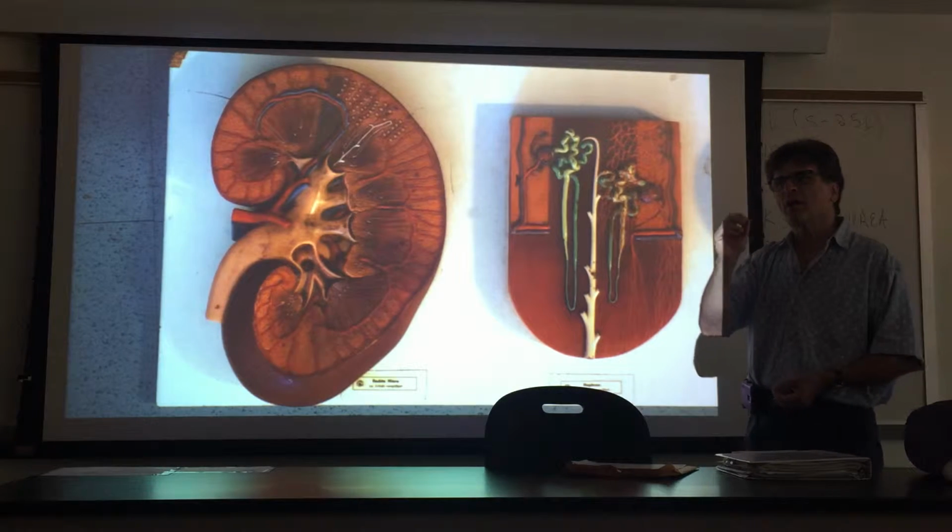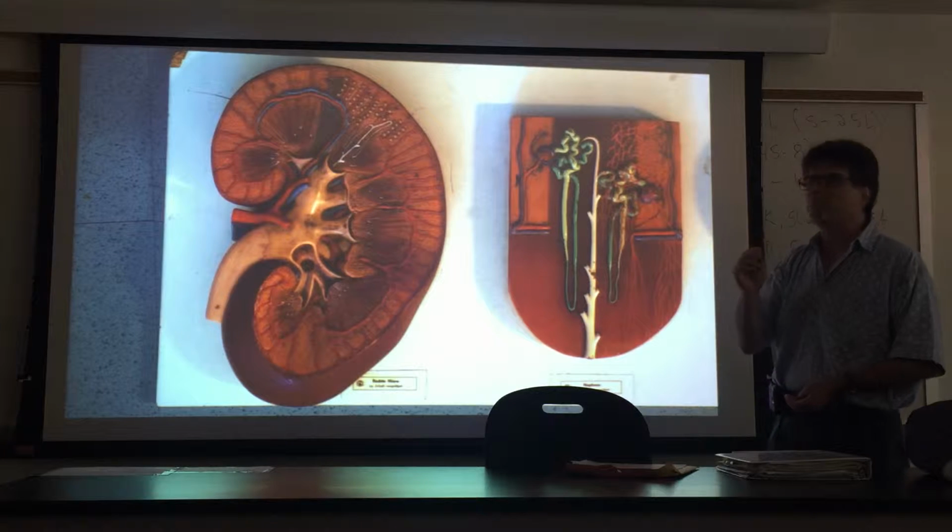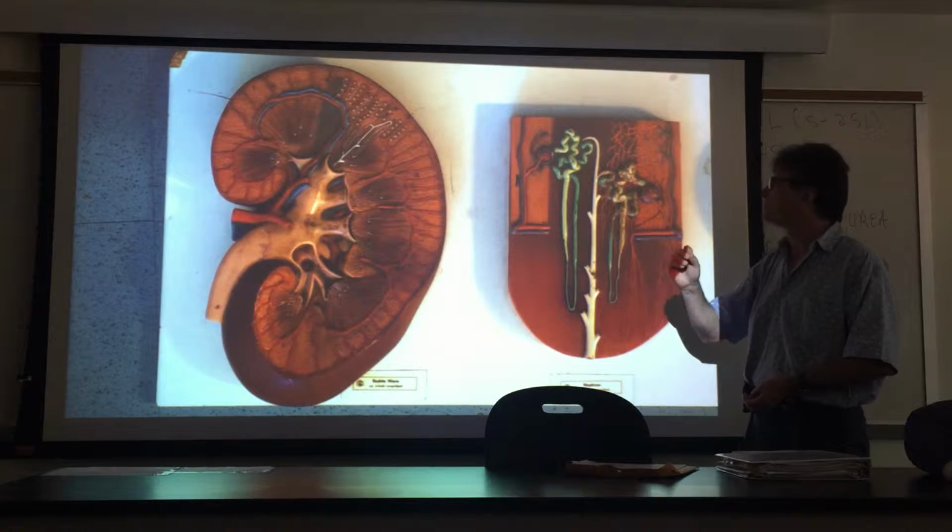The portion of the nephron where plasma is filtered is within the renal corpuscle.